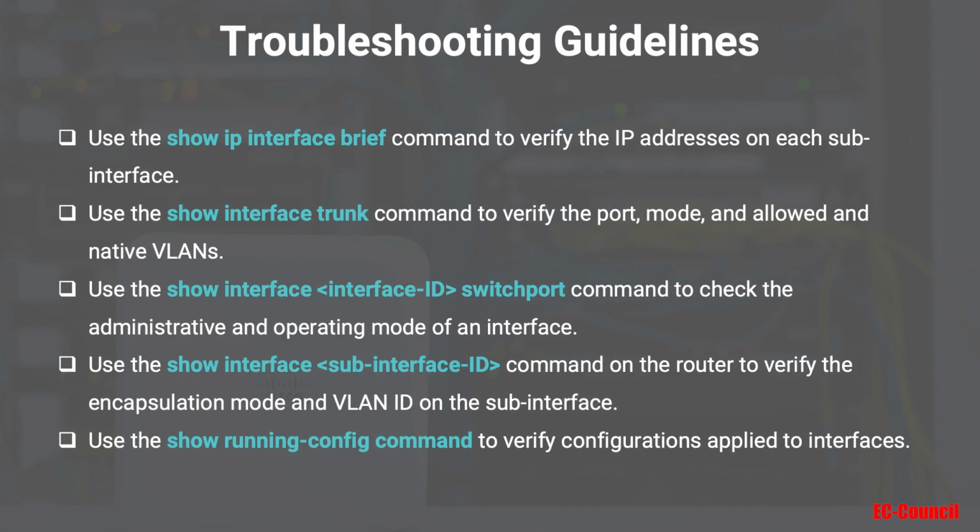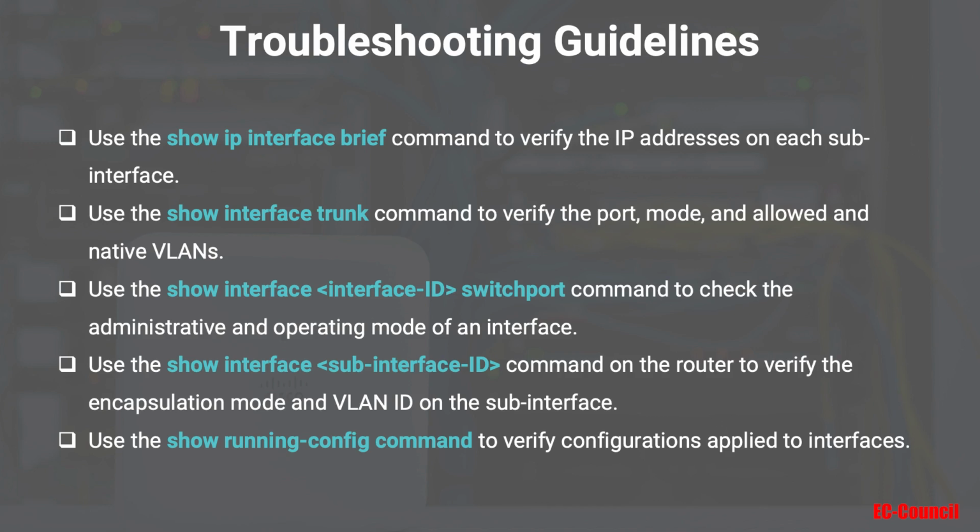These are some additional commands that you can use to validate that things are working properly. Use a show ip interface brief command. This will show you a summary of all your interfaces and the IP addresses and their status. Use a show interface trunk to verify the interfaces which are in trunk mode, the allowed VLANs and the native VLAN configured on the trunk interfaces.